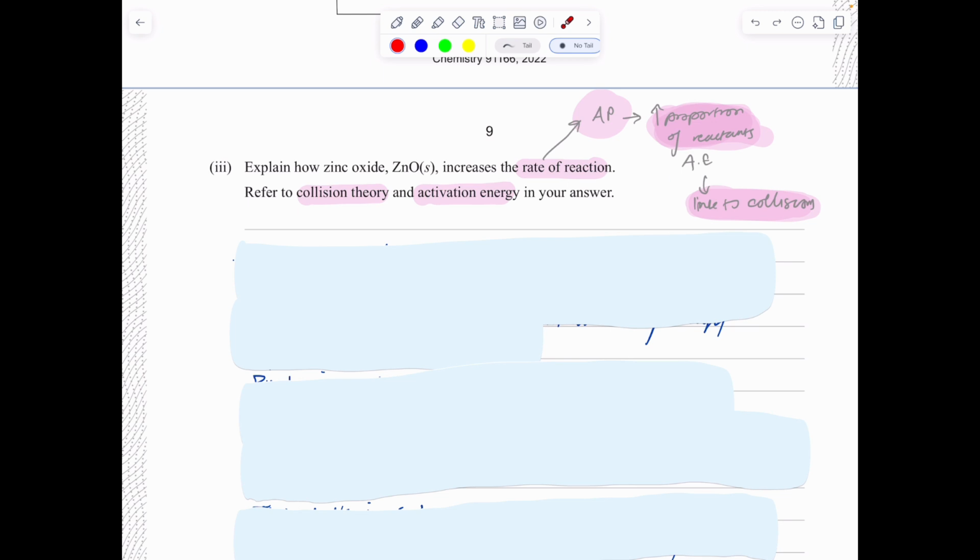So we have to explain how that actually speeds up the rate of reaction. Well, by providing an alternative pathway with a lower activation energy, a greater proportion of reactants have enough activation energy to collide together to form products, okay?